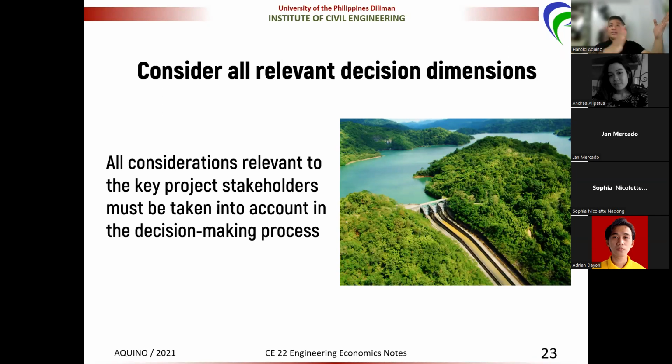So at the end of your engineering economic process, you should be confident to say that, yes, I've considered everything that is important in this decision process. No? Kasi a lot of projects fail because sometimes we push into the back burner some issues that are supposed to be relevant before we decide.